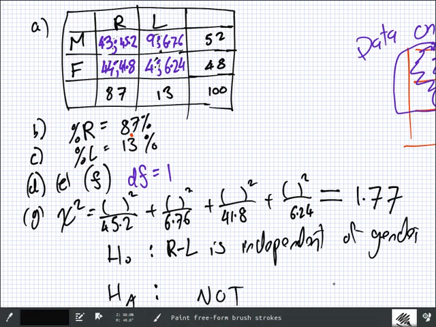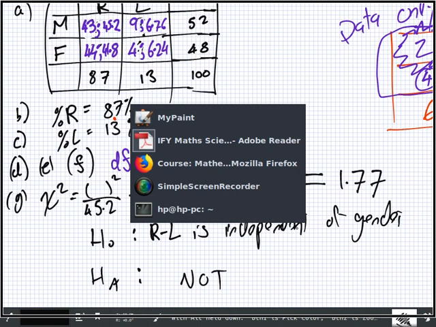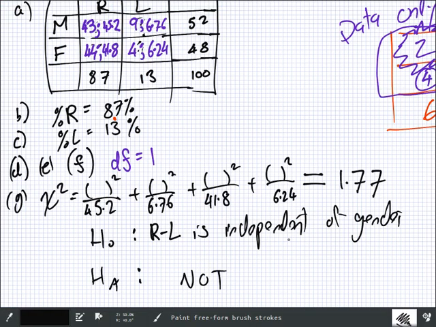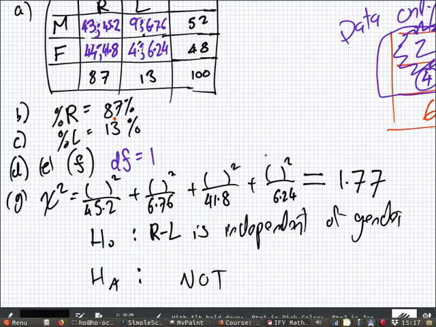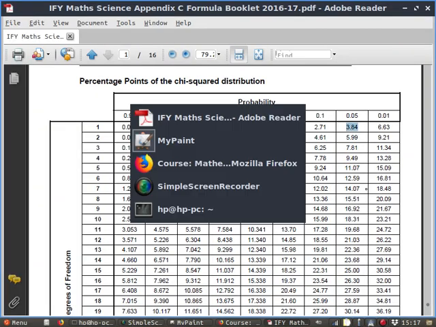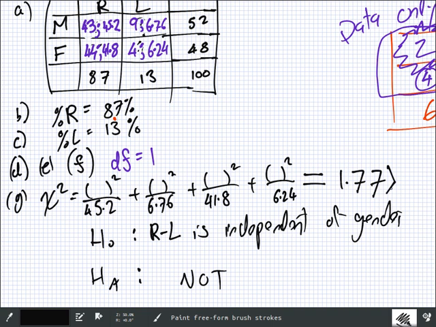Now, let us look at the tables. In the brackets, it's the difference between the 45.2 and the 43 and the 45.2. One degree of freedom, 3.84. Is it more or less than 3.84? Sorry, I'll have to put it the other way. Less than 3.84, so reject or do not reject?